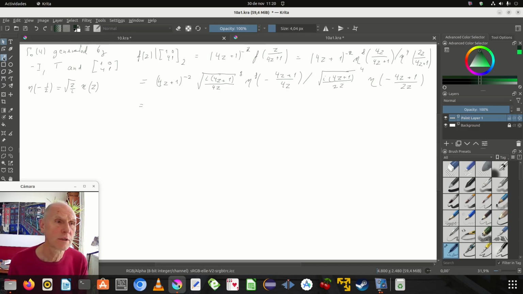That gives the inverse square of z, and then the imaginary unit to 8th, square root of it to 4. The imaginary unit raised to the 4th power gives unity, and this one minus 1.